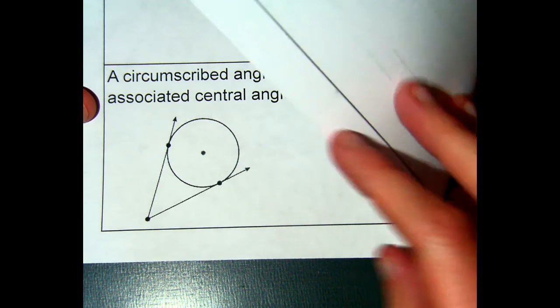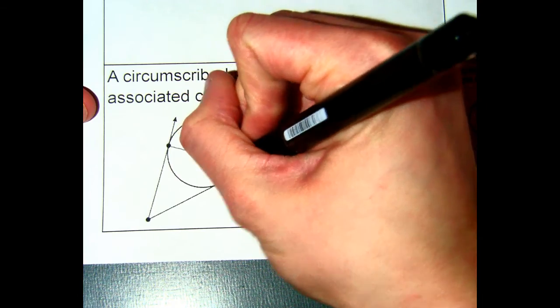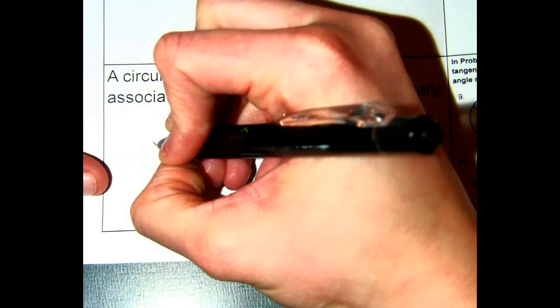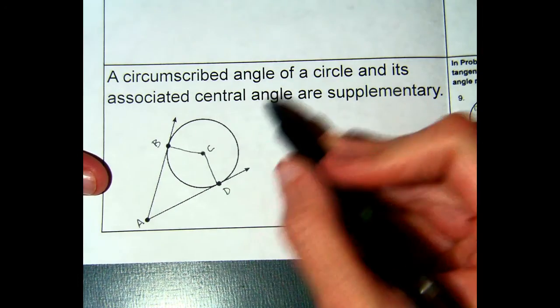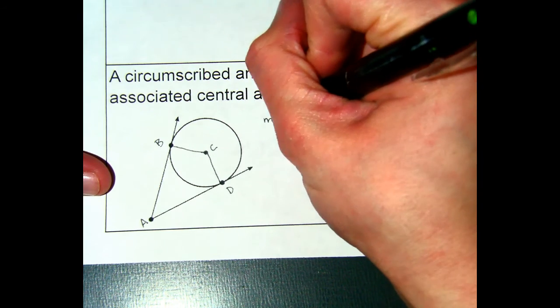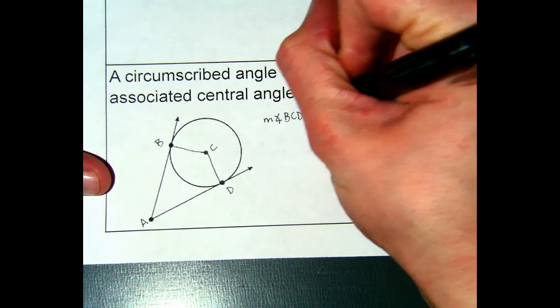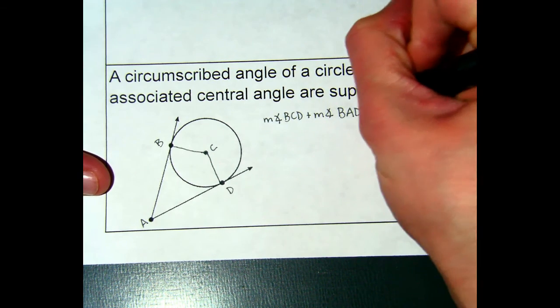So we just realized that a circumscribed angle of a circle and its associated central angle are supplementary. We're going to draw that in. So draw this in and put A, B, C, and D. So what this is saying is that the measure of angle BCD plus the measure of angle BAD is equal to 180.